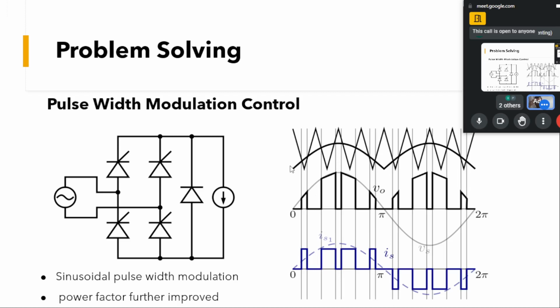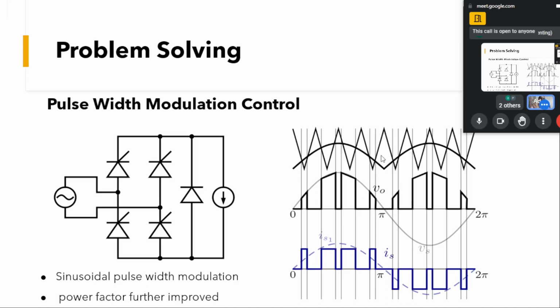With the same logic as before, when the modulation signal is higher, our switch will turn on, and when the triangular is higher, it will turn off. So you can see this positive wave will turn on here, initially for a smaller duration, then the duration will gradually increase, and then it will decrease.